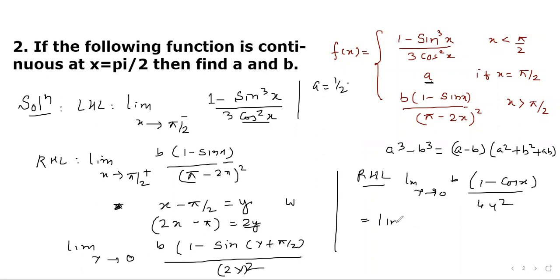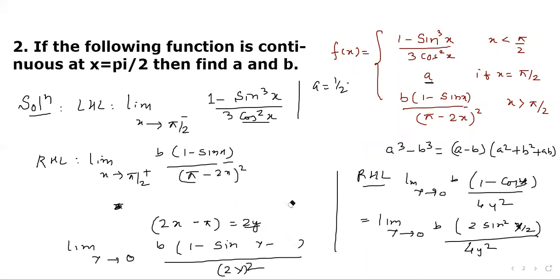So this will become limit y tends to 0 and then b, and this can be written as 2 sine square (y by 2) divided by 4y square. Here we can make sine (y by 2) as y by 2 because the limit is 0.